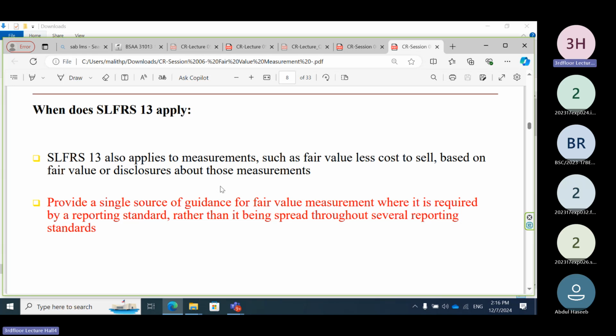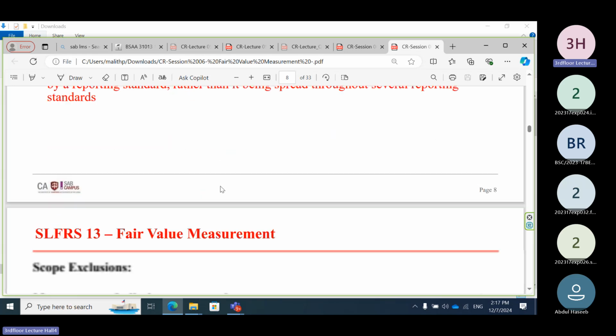To reduce that complexity, we want a single source of truth for valuation. That's why we have SLFRS 13. This is a single guideline, so whatever the standard, where you want to refer to fair valuation, you definitely need to follow this standard.